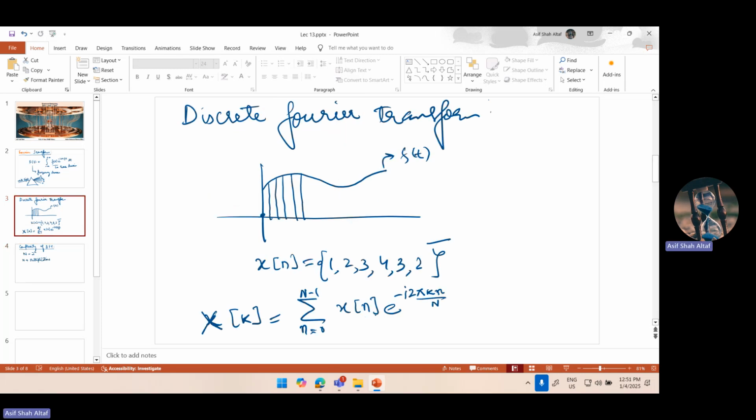And also, you require summing up all the products you get from the multiplications. If you expand this summation for, say, just 3 terms, you will get x of 0, x of 1, x of 2. For each term, you have to multiply it with this exponential factor. And then you have to add the 3 terms, which means you will require 2 additions.